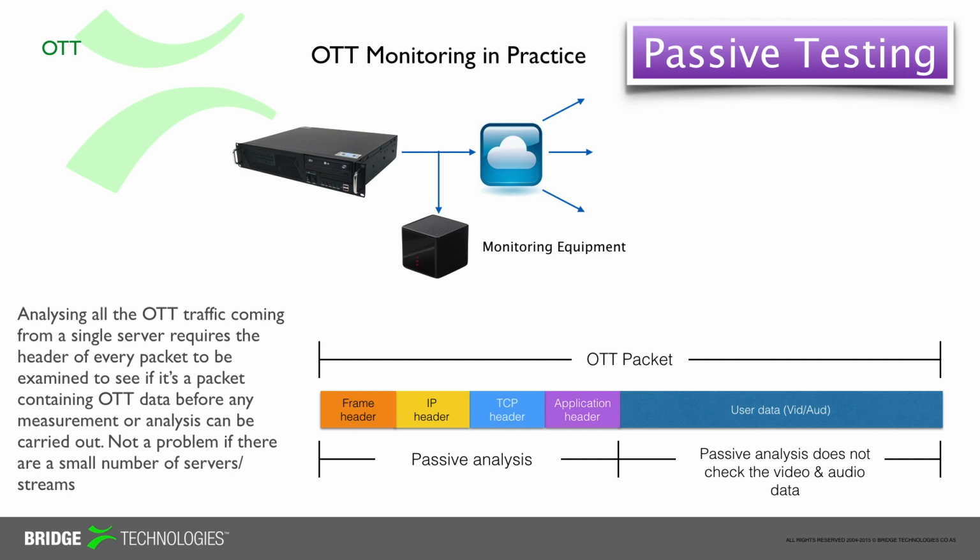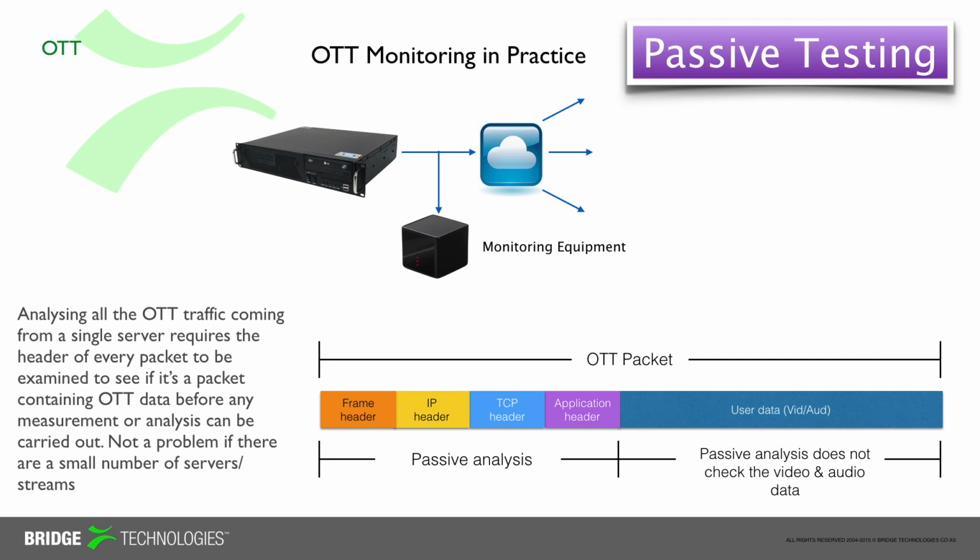So that immediately places a load on the probe itself, because every IP packet in the interface needs to be inspected, irrespective of whether it's a control message, whether it's traffic for some other destination, whether it's the service I'm looking for, or whatever. So if there are a small number of streams and a small number of, say, VOD servers or an origin server, then that in itself is not too much of a problem, because the hardware is more than capable of analysing this sort of volume of data.